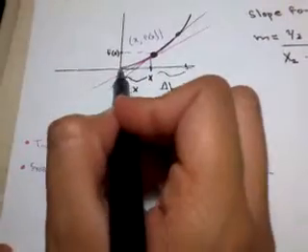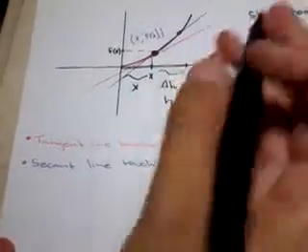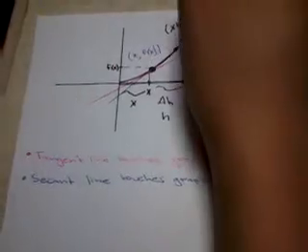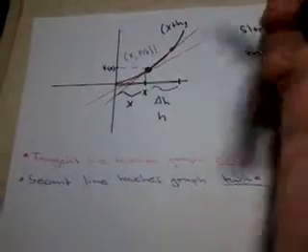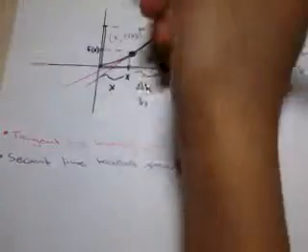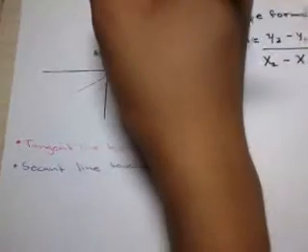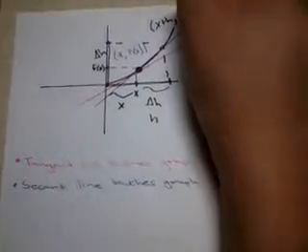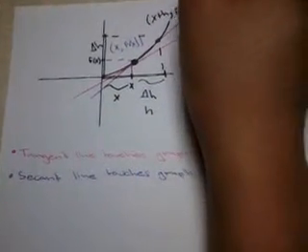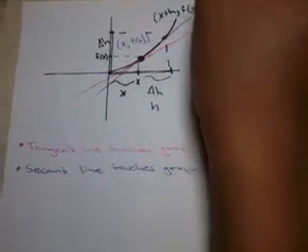So together the x distance for this point is x plus h, comma, and then the height would be this, which would be f of x plus h.